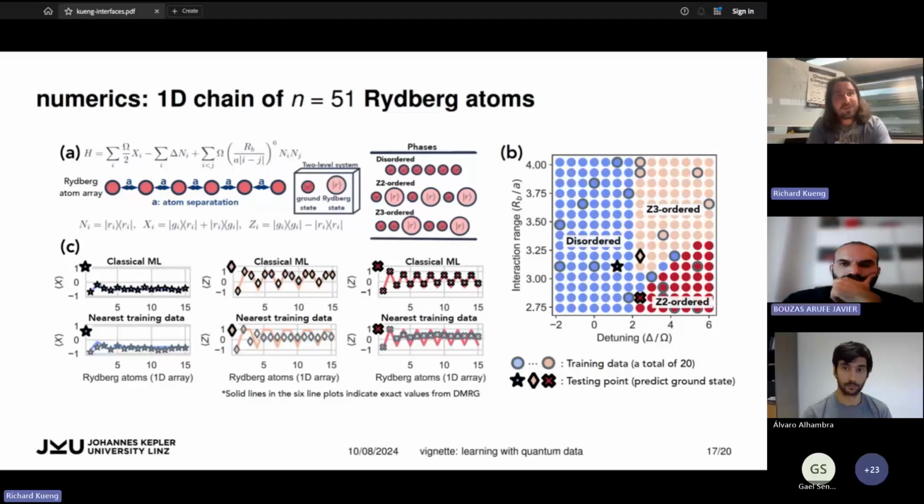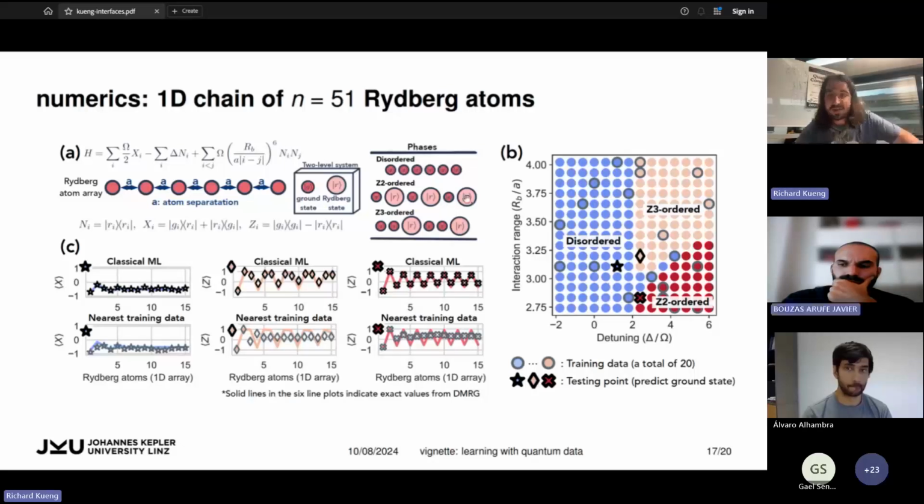Here we just played around and violated the assumptions of our theorem to see whether it still works. And what we did here is we didn't restrict ourselves to a location deep in the phase, but we just crazily randomly sampled from the entire phase diagram. So we have data points from different phases and just ran our machine learning model on those.